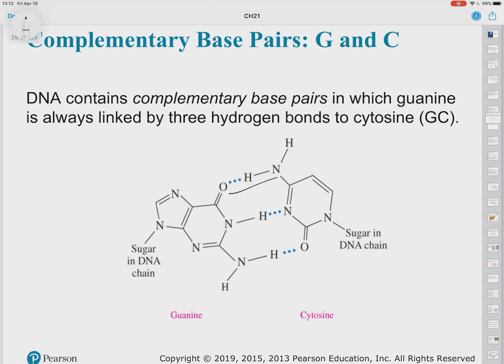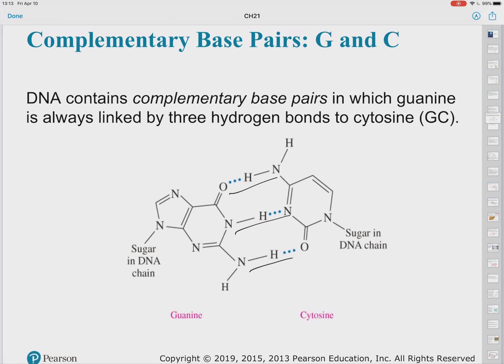Guanine and cytosine, 3 hydrogen bonds. So again, this is why it takes a hotter temperature to get DNA that's really rich in CG to separate, and it's easier to get AT-rich DNA to separate.